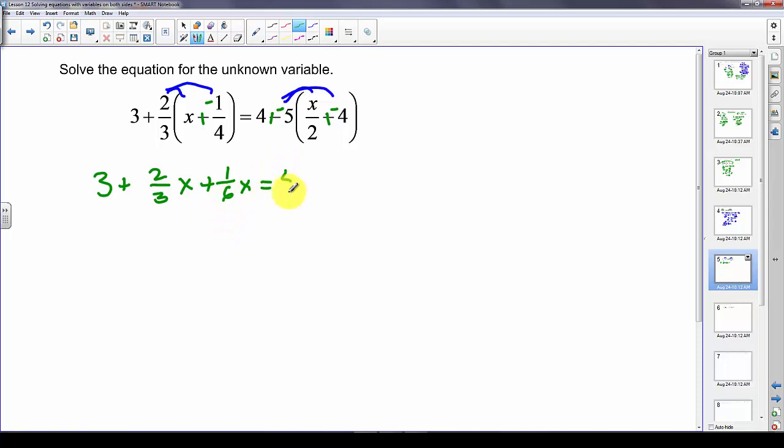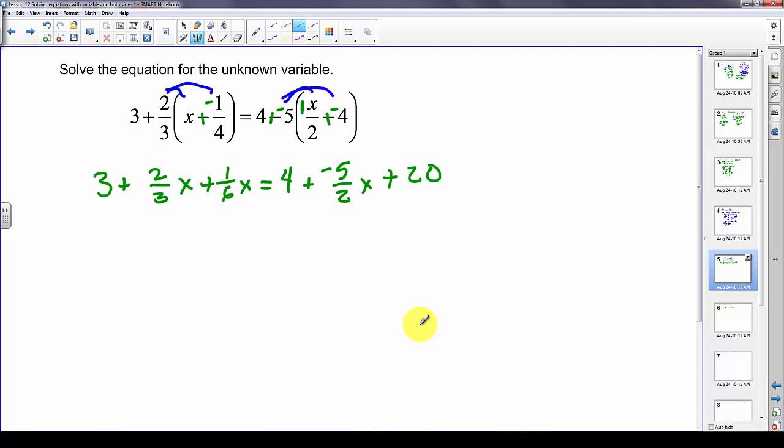And then I have 4. Negative 5 times x over 2 is the same as negative 5 times 1x over 2. So that ends up being negative 5 over 2 x. And then I have a negative 5 times a negative 4, which is a positive 20.